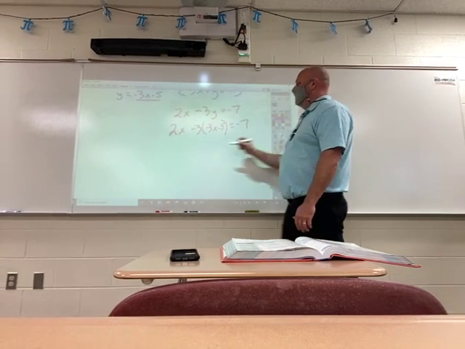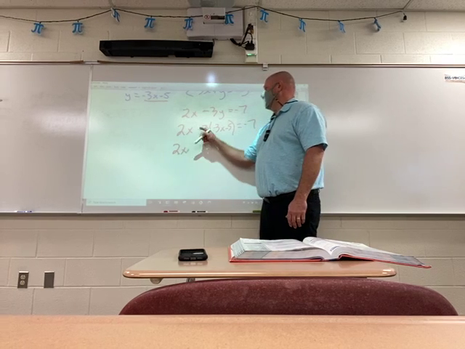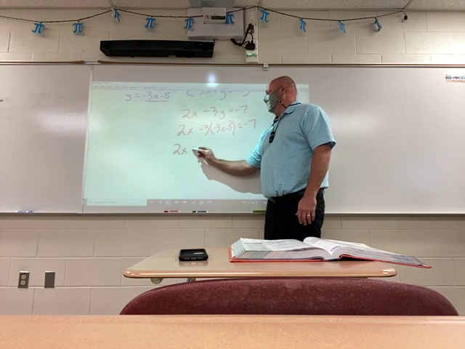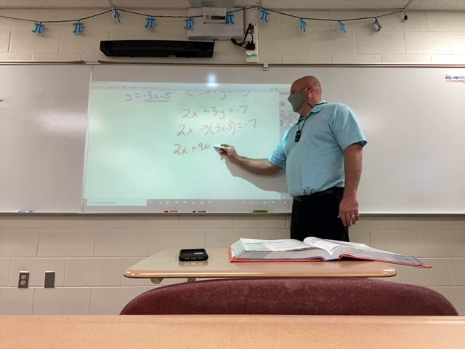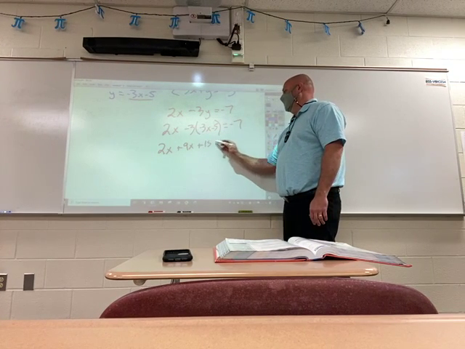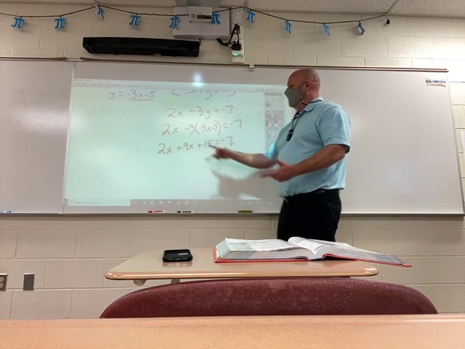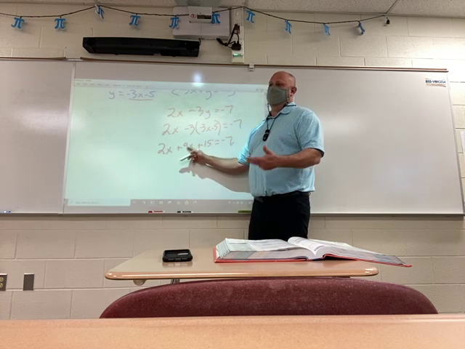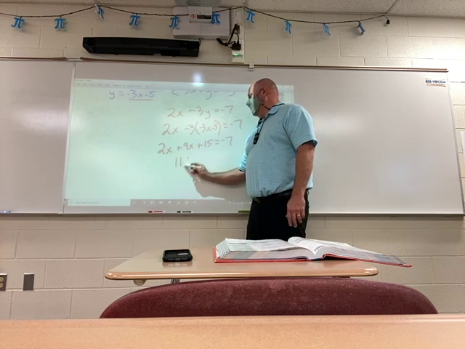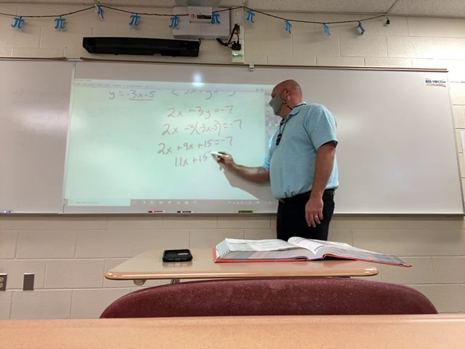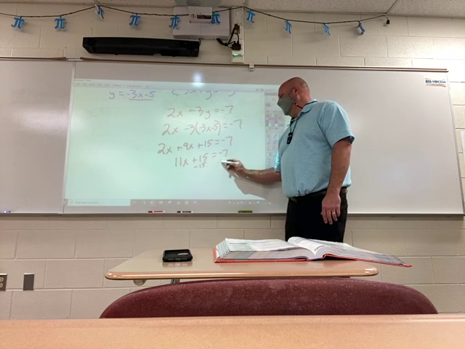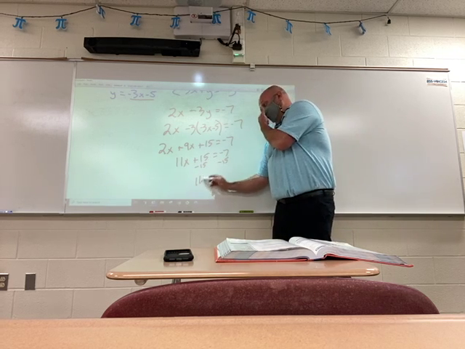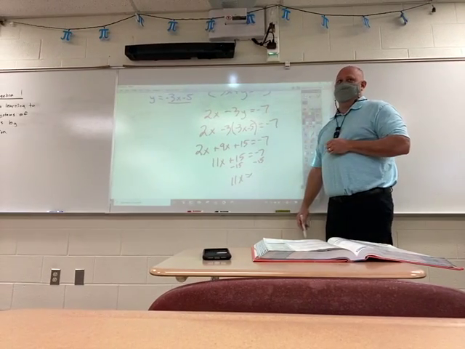So I would get 2x, negative 3 times negative 3 is a positive 9x. Negative 3 times negative 5 would be a positive 15, equals negative 7. Combine like terms, 2x plus 9x would be 11x, plus 15 equals negative 7, minus the 15. You get 11x equals, what's that, negative 22?